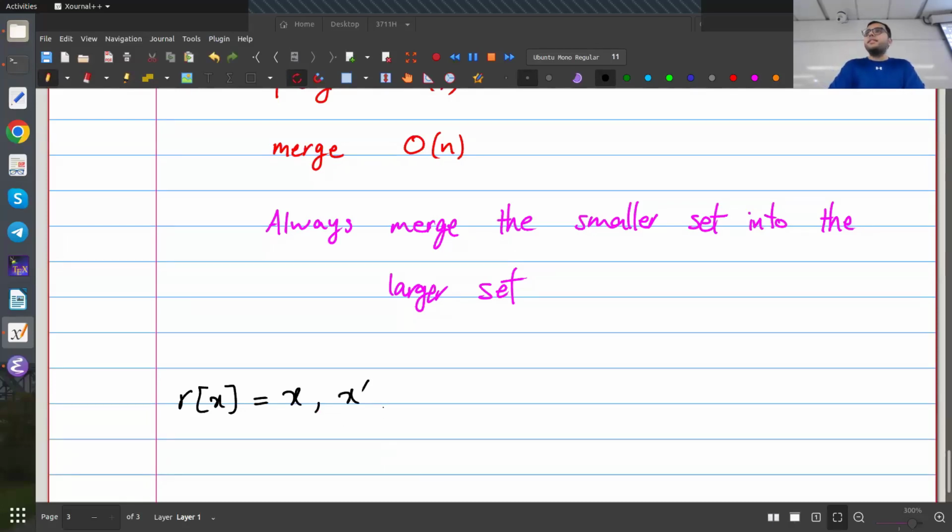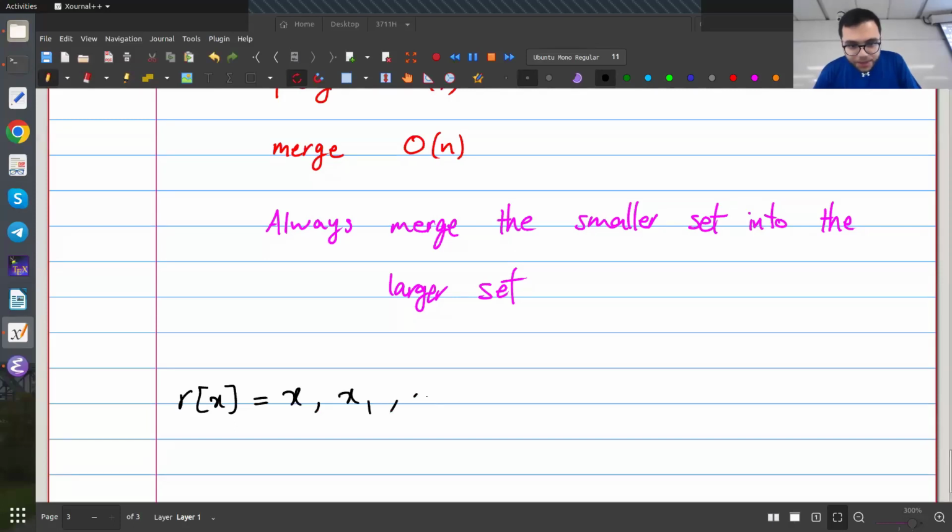What does this mean? It means that X was in a connected component that was merged with another connected component, but X was in the smaller one. So the size of the connected component containing X has at least doubled. Generally, I can say this several times.